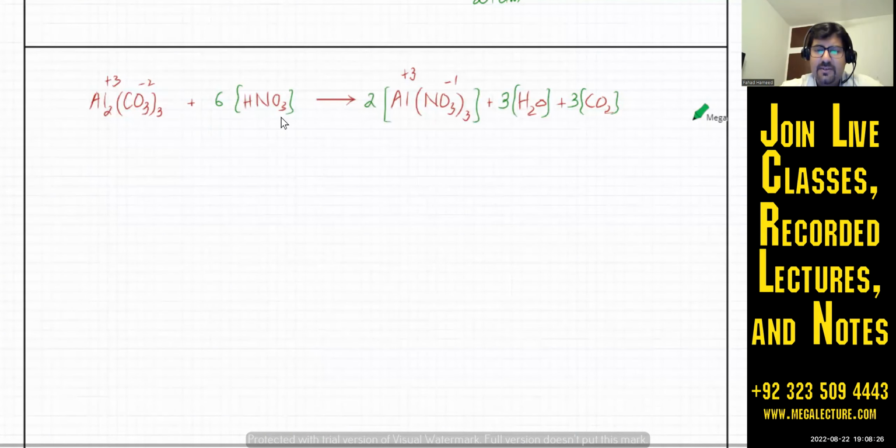So 18 plus 9, that's 27, right? And over here? NO3 thrice, so that's 9 oxygens. 2 molecules, that means 18 oxygens over here. Plus 3 oxygens over here, so that's 21 oxygens. Plus 6 oxygens over here, so that's 21 plus 6, that's 27. So the difficult one automatically gets balanced. Anyways, that's the equation.